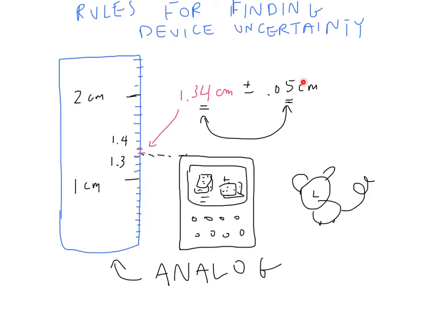So it's 5 in the estimated place. And that's the rule for all analog devices. Right? If it doesn't have a digital component, then it's analog. Examples, scales, right? The old scales where you have to move the weights around to find the mass. Rulers are really common. Tape measures, anything where there's no electronics involved, nothing digital.